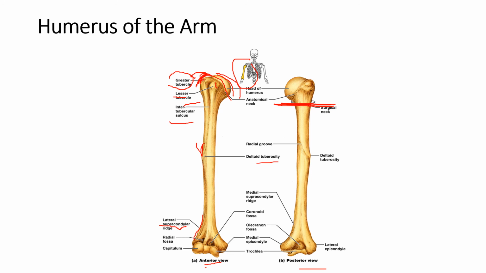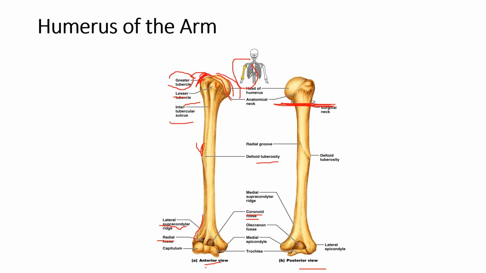As you bend your elbow, the bones of the forearm have to fit into a spot here. So we have the radial bone laterally, so you have the radial fossa fitting in here. And then you have the ulna fitting in, but on the anterior side is a process called the coronoid process, and that's going to fit into the coronoid fossa. So you've got a radial fossa laterally, coronoid fossa medially, and then these big condyles here.